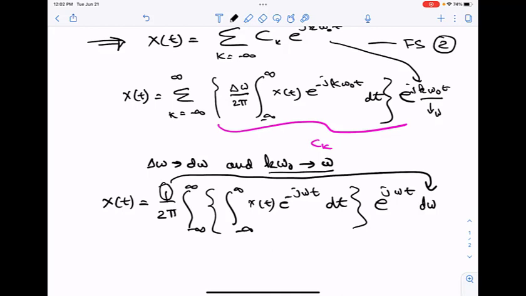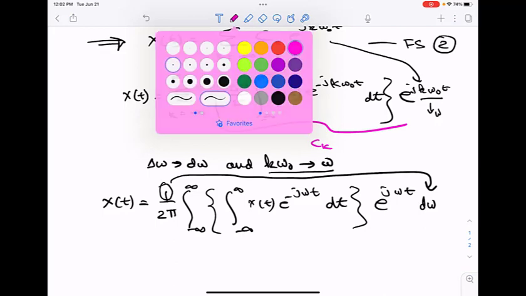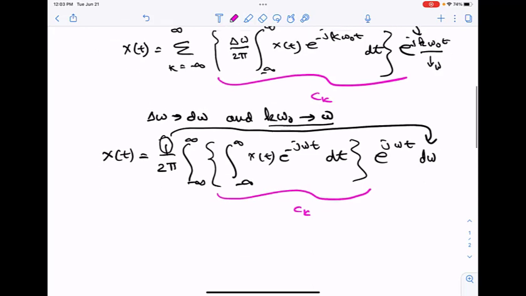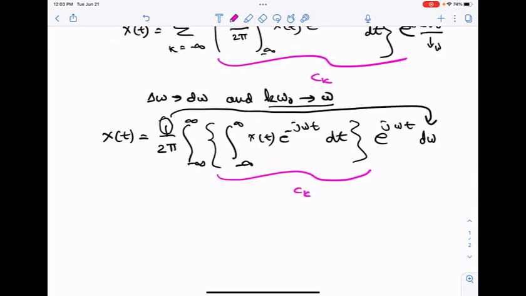Now, again, let's go to this one. This part of the equation is CK, and in fact, equivalent to CTFT.